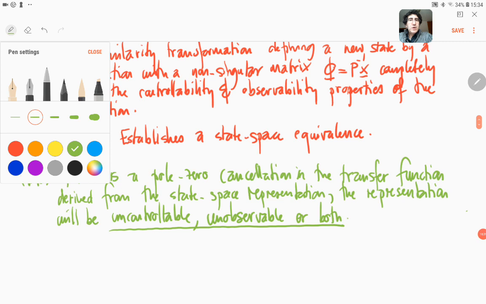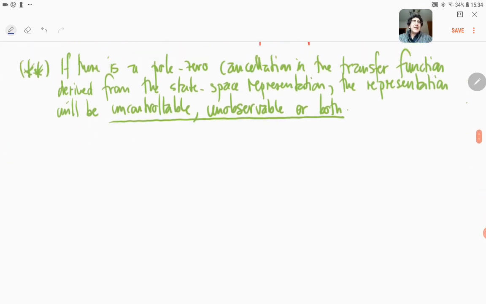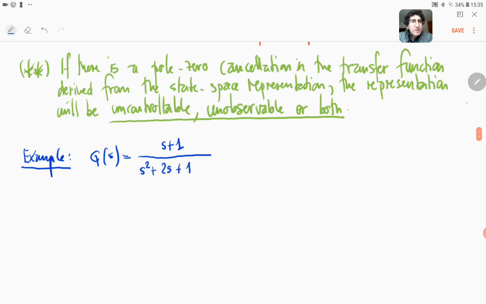Okay, so let's take a look at an example that substantiates the second note. Let's say that we are given a transfer function in which we know that there is a pole zero cancellation. I will not perform the cancellation, but we know that there is one because s plus 1 is one of the factors of the denominator.